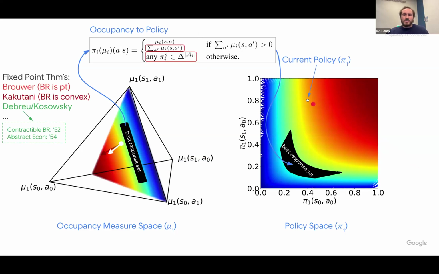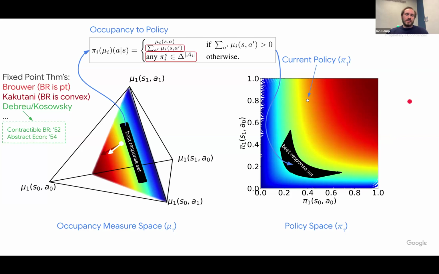And you can think about the equilibrium existence proofs, or Nash existence proofs, all rely on these fixed point theorems. So if this white dot is our current policy, we want our white dot to be in the best response set. So we want the strategy in our equilibrium profile to be in this best response set.